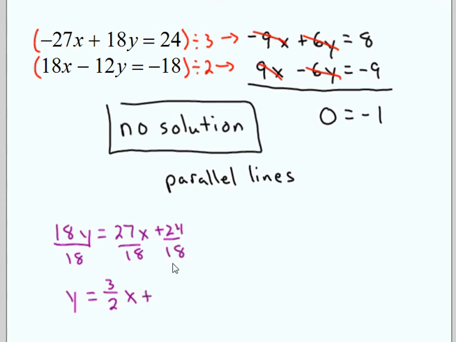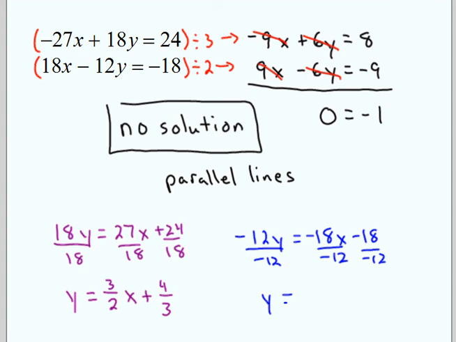And then 24 over 18, 6 goes into 24 4 times, 18 3 times. The bottom equation, if I solve that for y, I take the 18x over. I get negative 12y would equal negative 18x minus 18. I divide everything by negative 12.